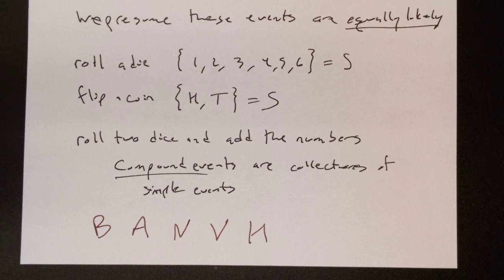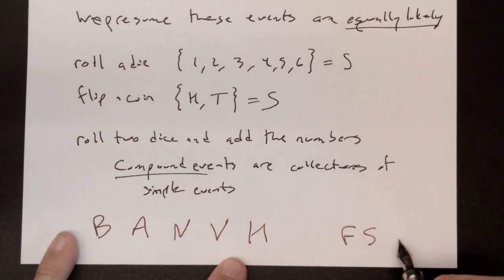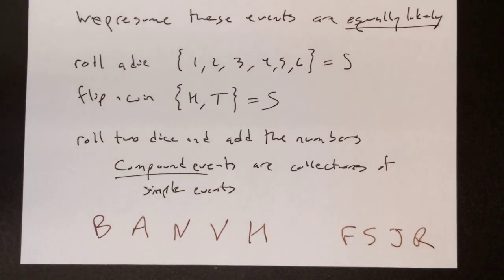I can say the same thing about what year a student is. A traditional undergraduate student is either a freshman, a sophomore, a junior, or a senior. I can't use S twice, so senior gets an R. But again, those are not equally likely. Why not?